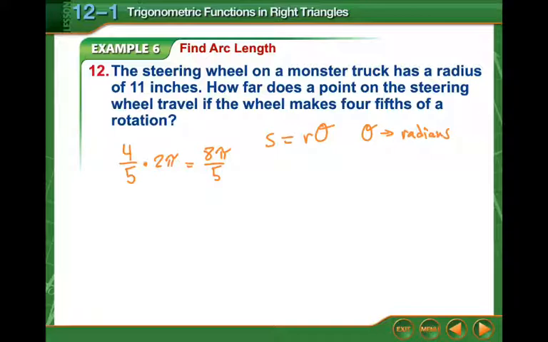We can leave it just like that, that's fine, because we're going to multiply by 11. So that'd be 88 pi over 5.